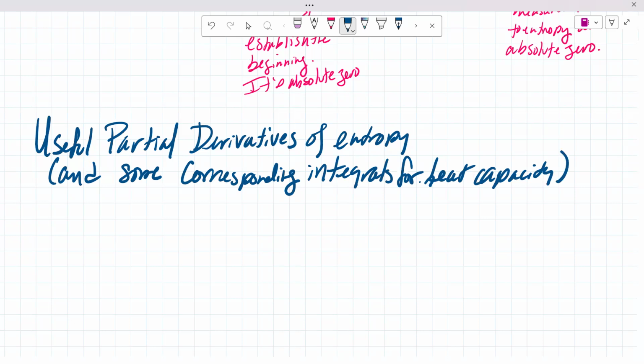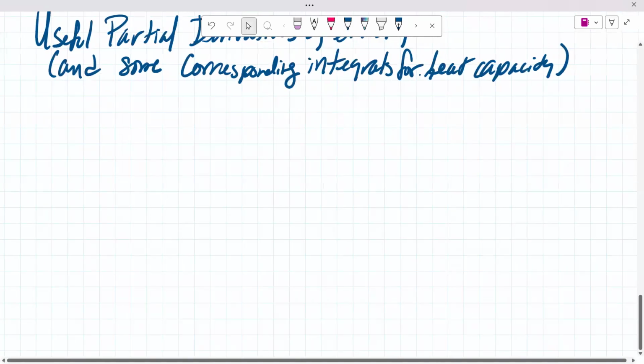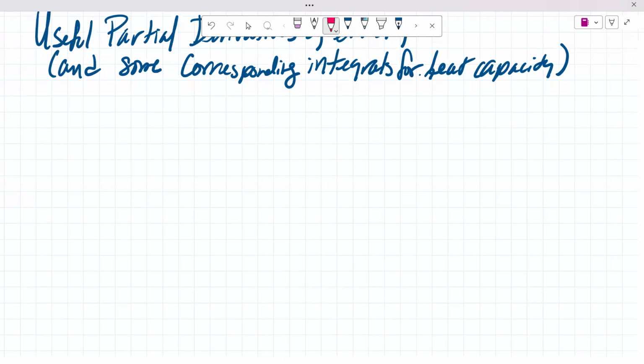I'm going to divide it up according to the different situations: constant volume, constant pressure, and constant temperature. We're going to start with the constant volume one.